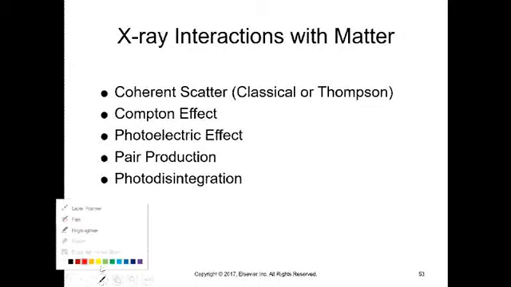Pair production, which is used in PET imaging, and its total energy is 1.02 mega electron volts. And then you've got photodisintegration, which results in a nuclear fragment, and that is usually in industrial stuff or major science experiments, and that occurs at energies of 10 mega electron volts.